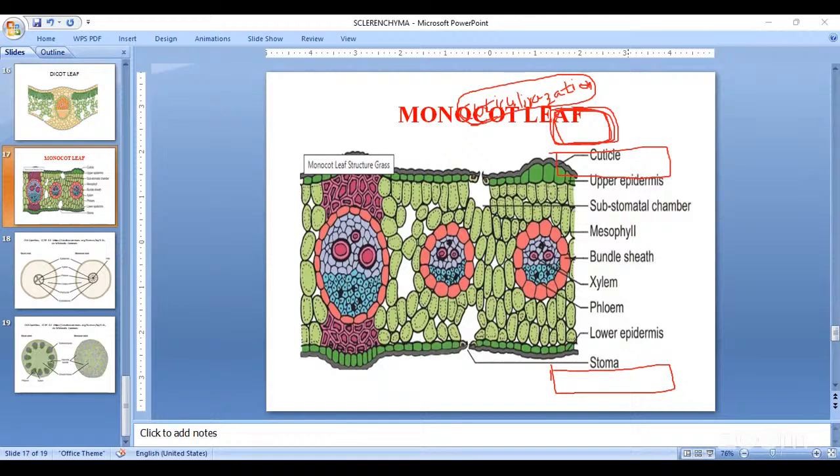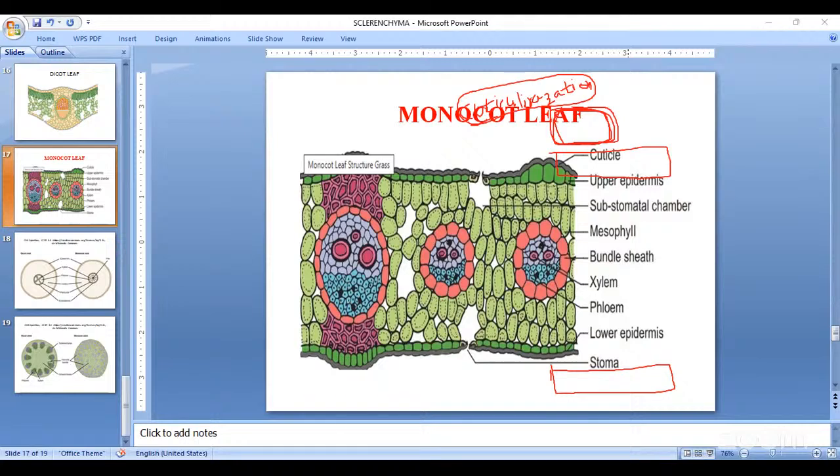Another important difference in terms of epidermal cells: special cells are present in the upper epidermis. They are present only in monocot leaves, but not in dicot. The specialized upper epidermal cells are called bulliform cells or motor cells. These are enlarged cells.